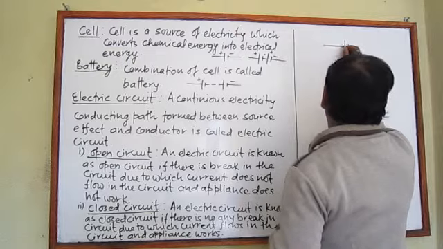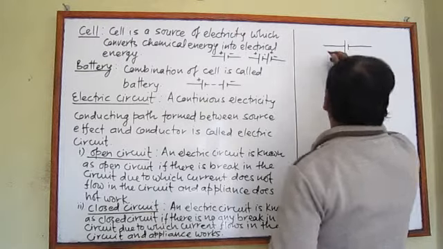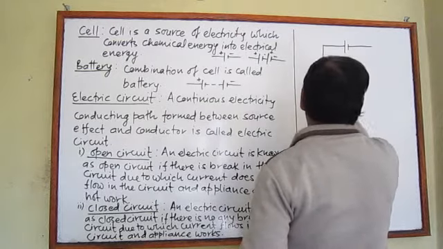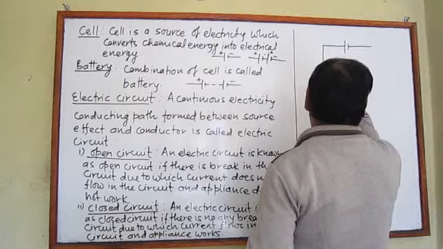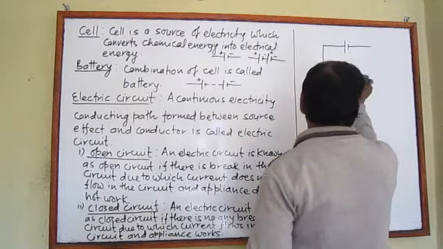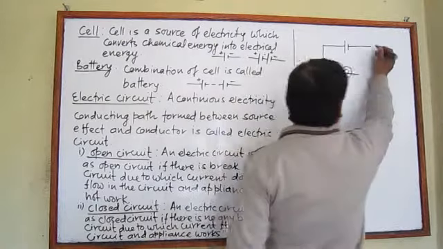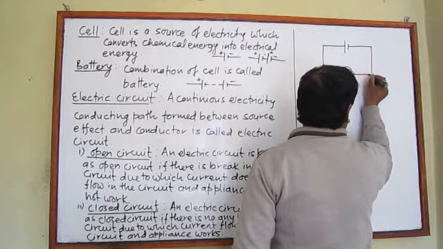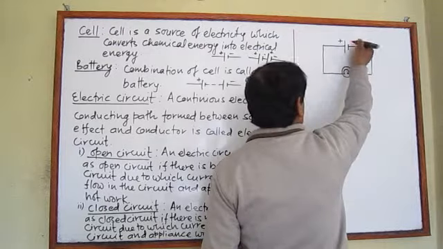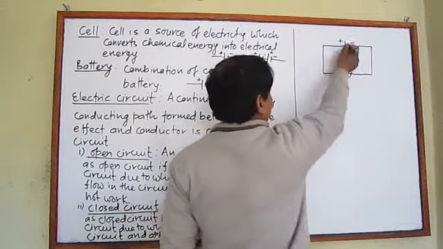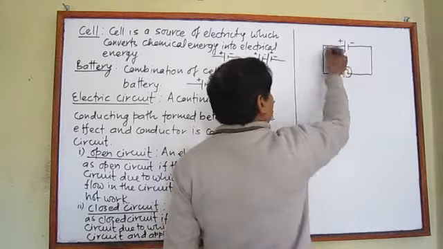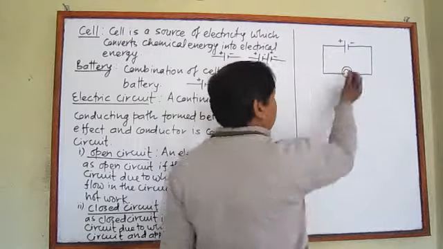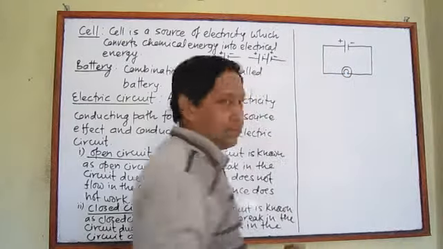When this cell is connected to a bulb, this is the symbol for the bulb. By means of this conductor wire, this is the positive terminal, this is the negative terminal, this cell is connected to this bulb by means of a conductor wire, then the bulb glows, the bulb gives light.